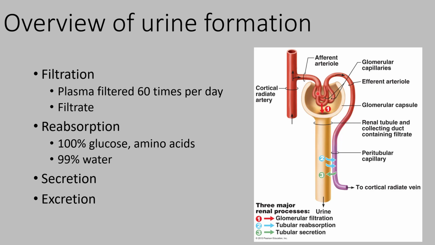But there are some things that don't get filtered. Maybe they're too big. Maybe they have the wrong charge. Maybe there's too much of it. Whatever the reason, maybe some things did not get filtered, but we want them in the filtrate. Well, the next thing, secretion, is pretty much the opposite of reabsorption.